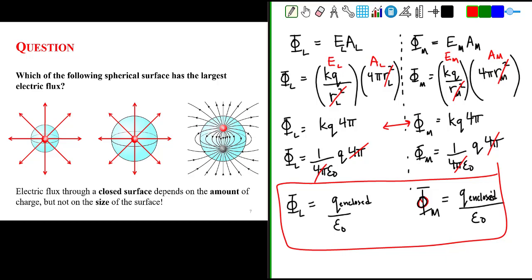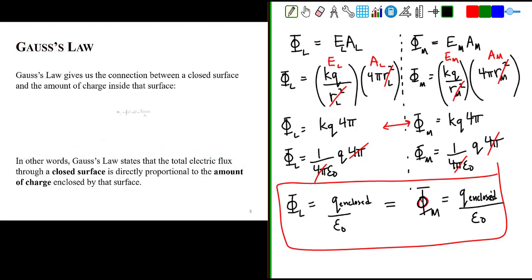It doesn't depend on the geometry of the surface. It doesn't depend on the strength of the electric field. The only thing that matters is how much charge is inside the sphere. This simple example leads us to a very important conclusion. It leads us to Gauss's law.